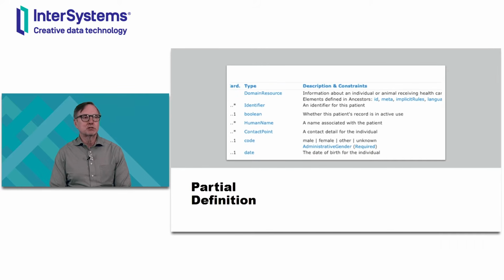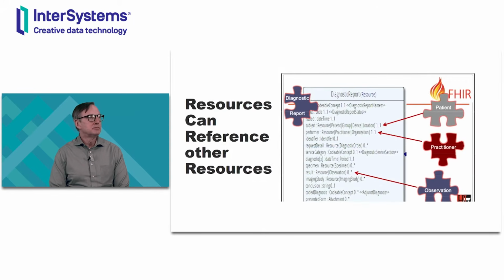They can be objects in and of themselves, and that's important to keep in mind. Another thing to keep in mind is that a FHIR resource can reference other FHIR resources. So in this example, the diagnostic report can reference the patient resource, the practitioner resource, or the observation resource.